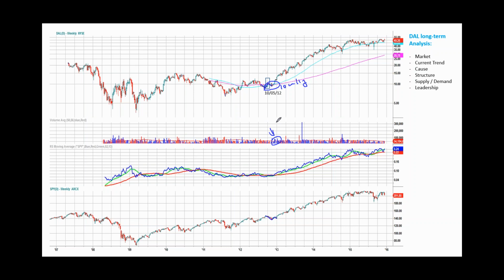At some point, other stocks are going to be undervalued from the institutional point of view, and they're going to come and start creating the buying waves in stocks like Delta. And look at the velocity here. It's much better than Alaska Airlines in the same period of time.